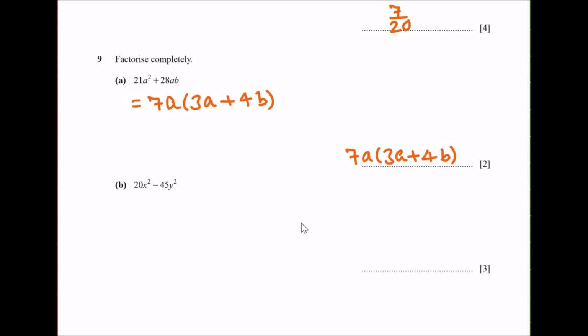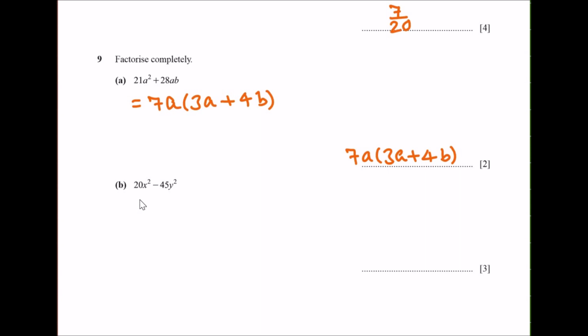Next. Here you have to be careful. It says 20x square minus 45y square. You can see both terms are squared. So that means we can think of the difference of squares pattern. The numbers also should be square numbers. But here 20 and 45 are not square numbers.